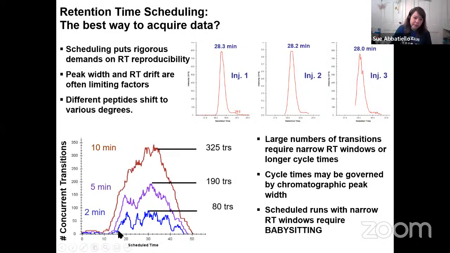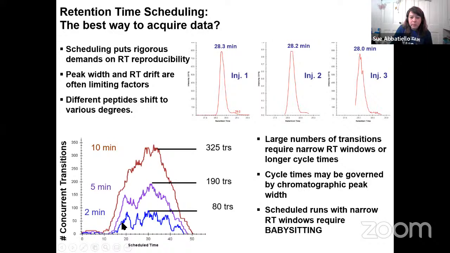So we're looking at the scheduled time here and the number of concurrent transitions. If each of these transitions takes 10 milliseconds to acquire, then 10 milliseconds times 100 transitions is 1 second. So with this 2-minute retention time window, we're at about a 1 second cycle time to target 80 transitions here. And if we go longer, then we're going to get fewer data points across our chromatographic peak with that same dwell time.